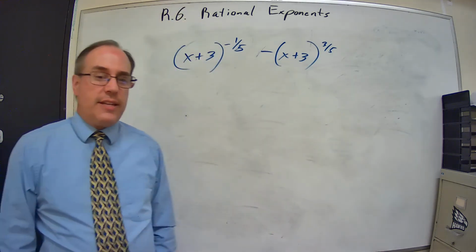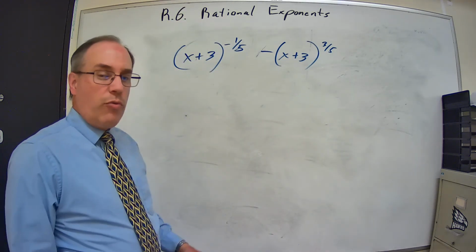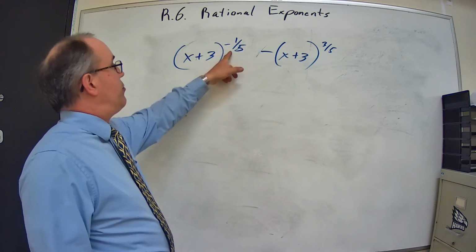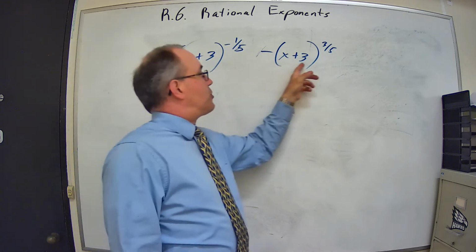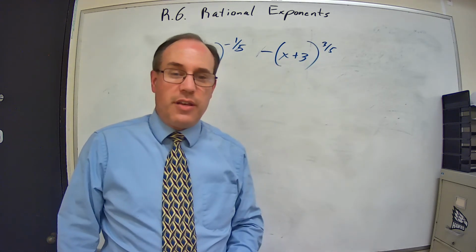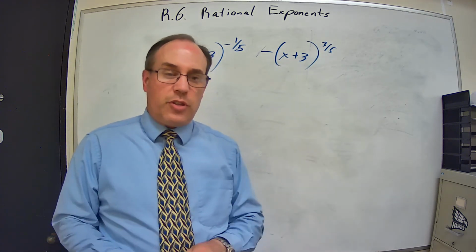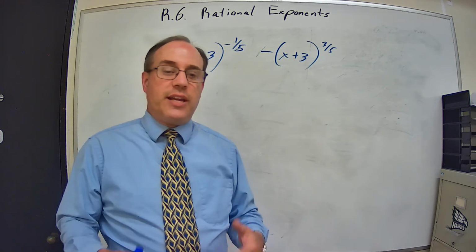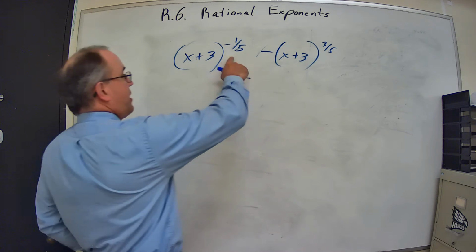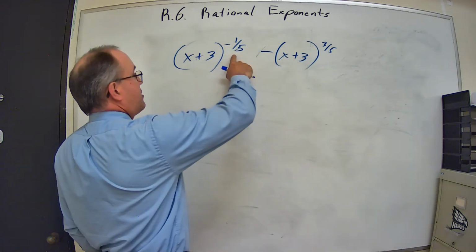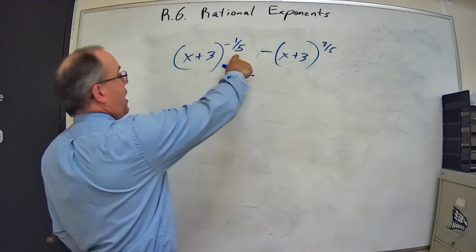So we see that, well, what can we do? We've got x plus 3 to the negative 1/5, x plus 3 to the positive 3/5. Well, we want to pull out whatever's going to get us positive, right? So this is negative, so that's the highest I'm going to do.